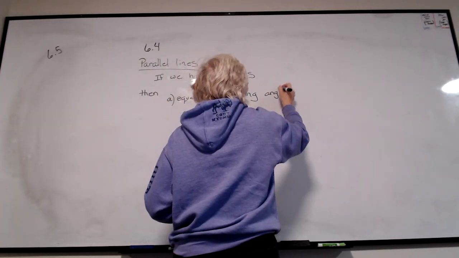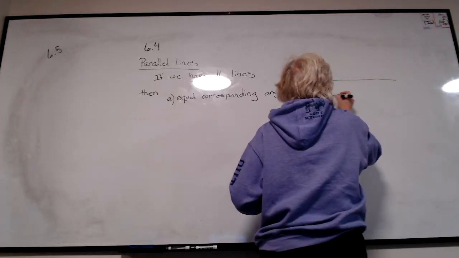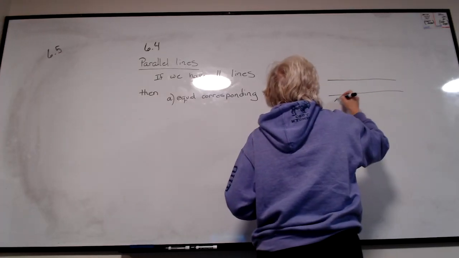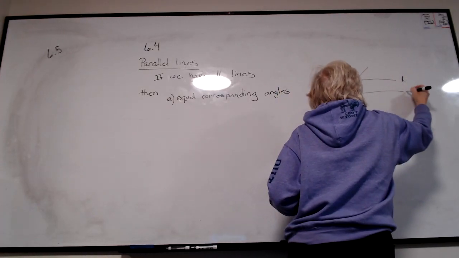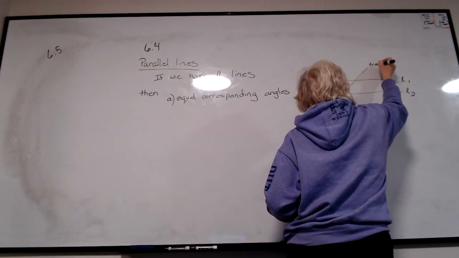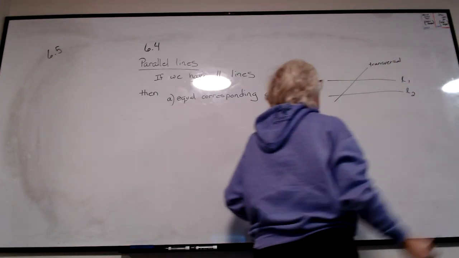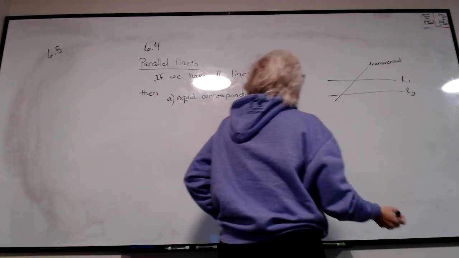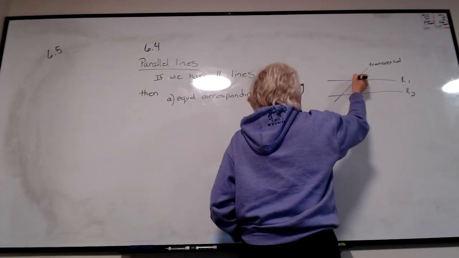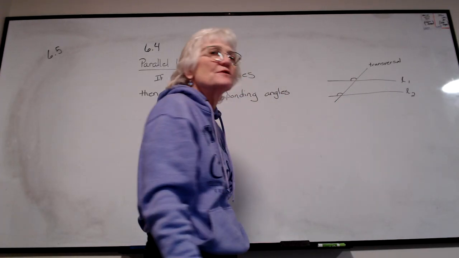Let's just review. Here are my two lines. I'm going to make them parallel. Well, kind of. This is my transversal that cuts across my two parallel lines, and corresponding angles are on the same side of the transversal.